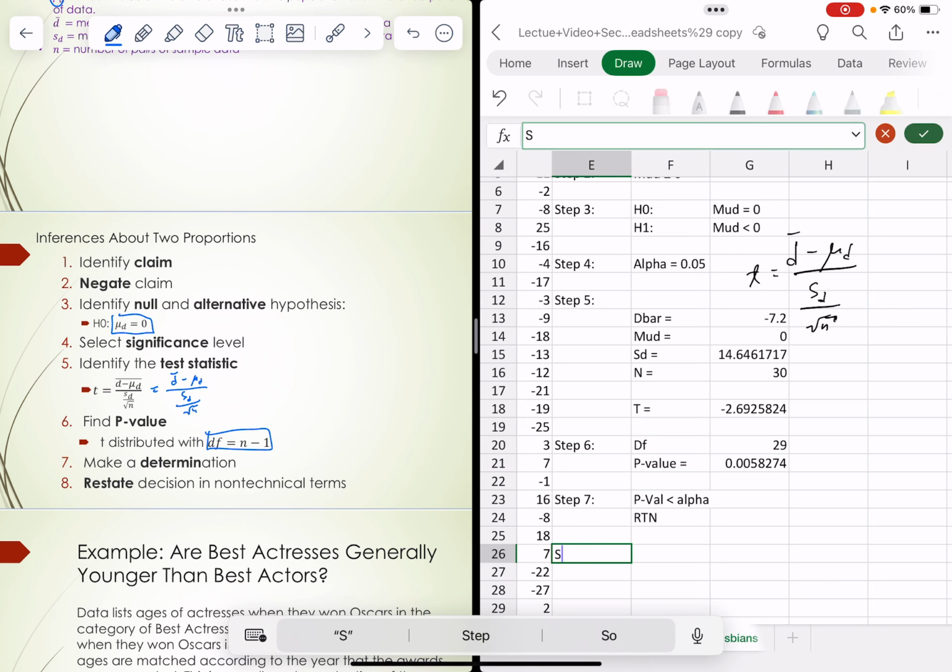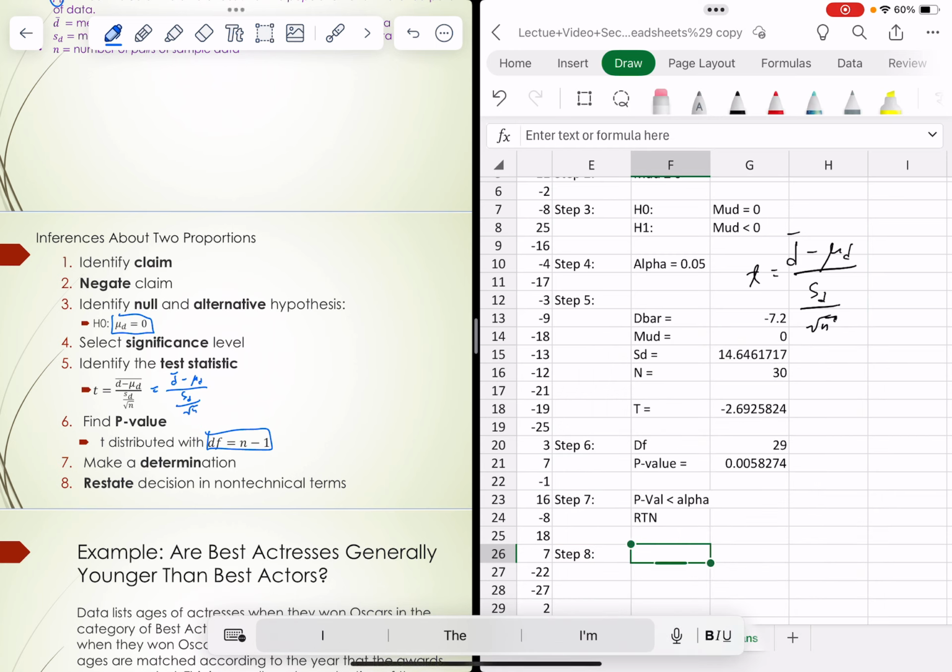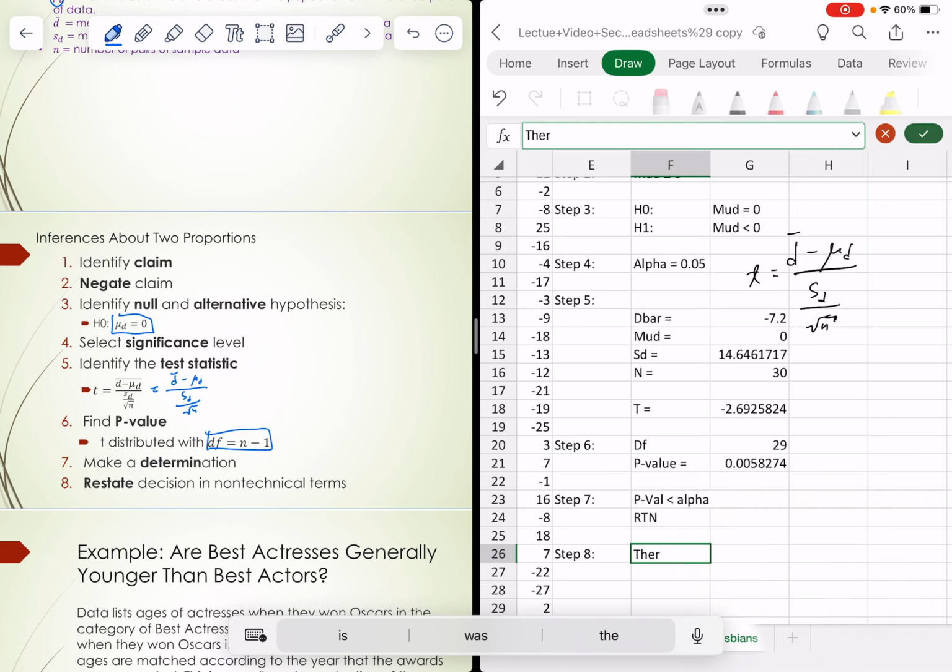All right, and so step 8 here is, say I reject the null and I get evidence as a consolation prize. So there is sufficient evidence to support the claim.